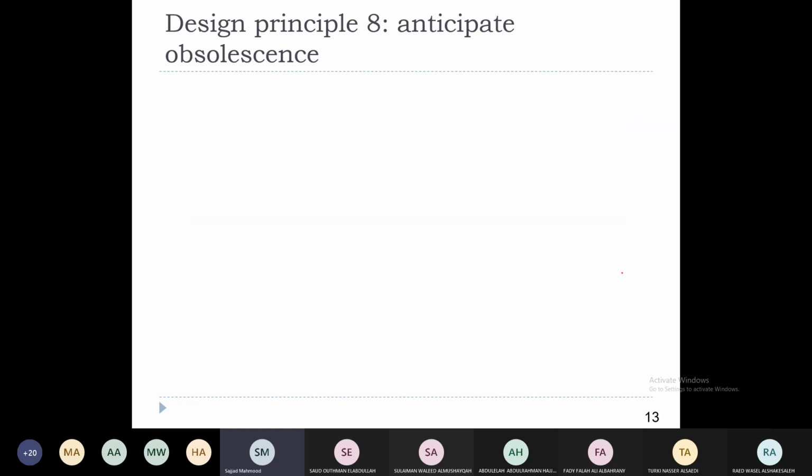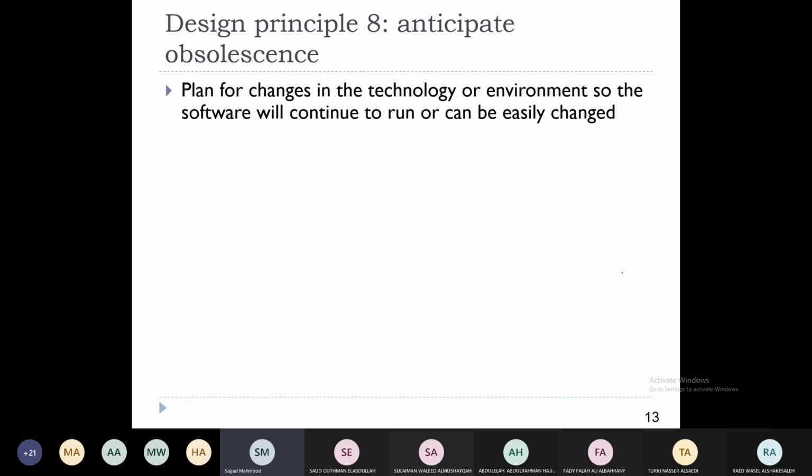Now, we also have to anticipate obsolescence, which means you might have to plan for changes in the technology or the environments, so the software will continue to run or can easily be changed. This is very crucial for us as designers.